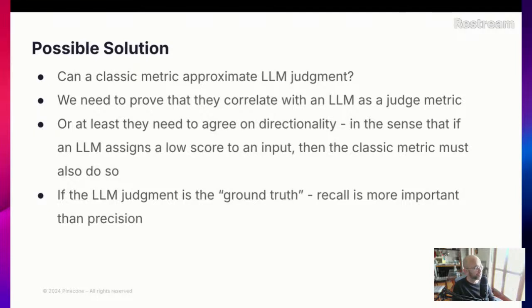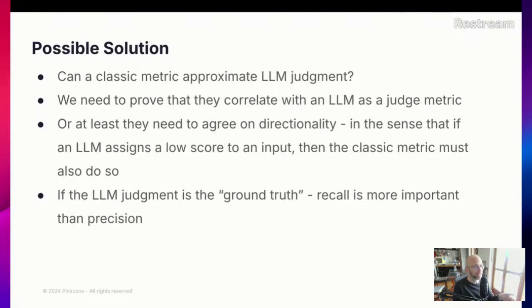And if you want to make our lives a bit easier, then we don't even need them to correlate exactly, but we just need them to agree on what we call directionality. So if you think about it, you get a number for the classic metric, and you get a number for the LLM-as-a-judge metric.